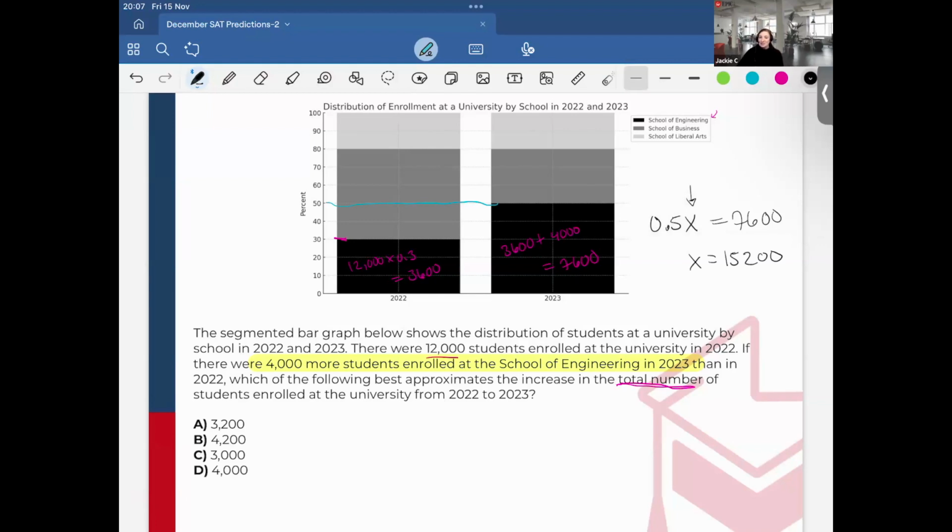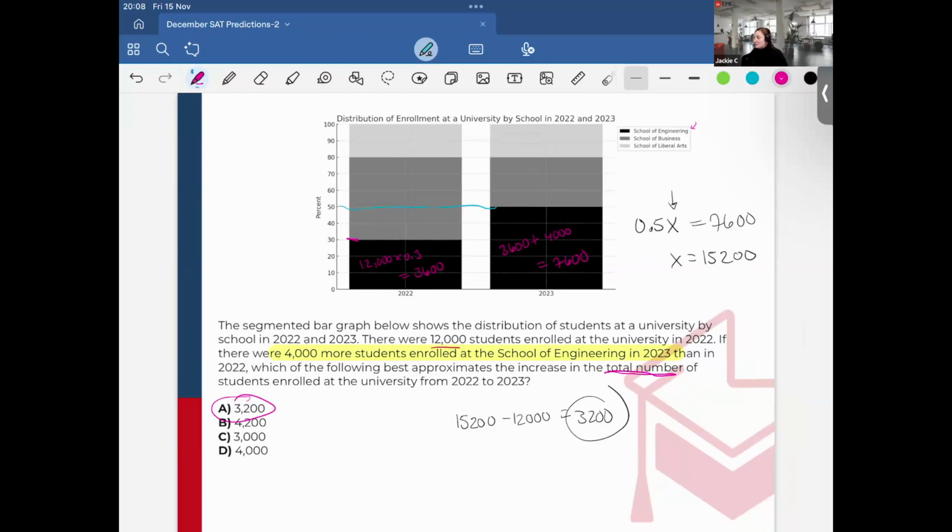And now I just need to subtract the difference, 15,200 minus 12,000, which is, oh my goodness, correct answer A, 3,200. Okay, amazing. Look at one more.